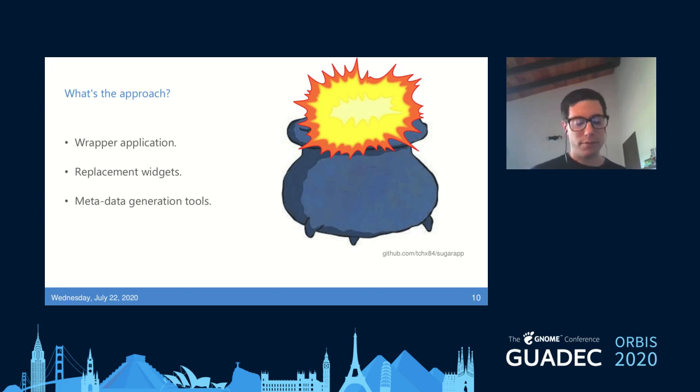It's a very small library that gives you a wrapper GTK application that acts as a middleman between the Sugar world and the desktop world, and it gives you some tools that you can use to replace functionalities that do not exist in the desktop world but do in Sugar, and therefore these applications expect to have. It also generates almost automatically all the metadata necessary for, let's say, packaging your application in Flatpak.